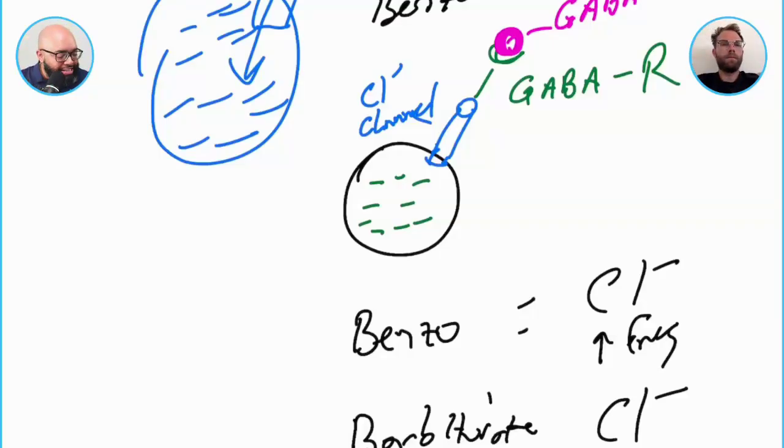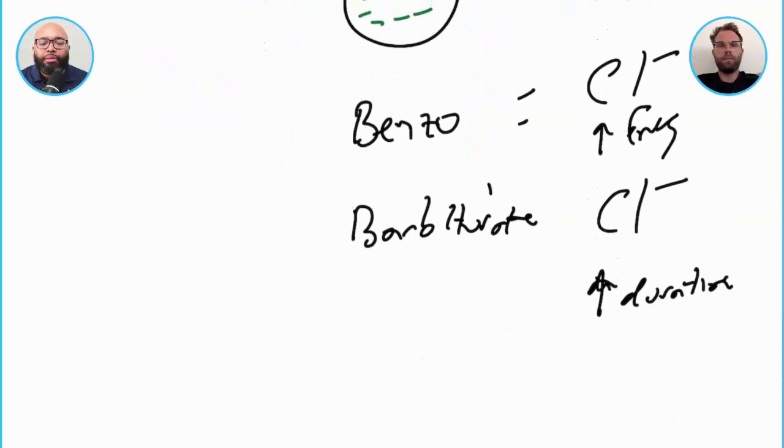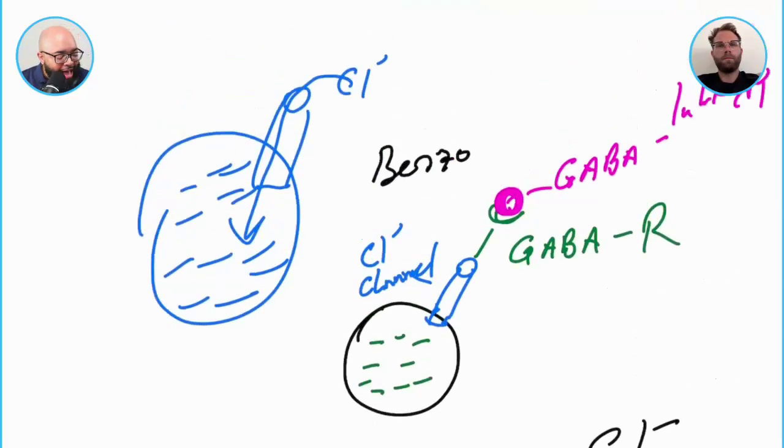So the short answer is the benzo works faster. And it doesn't last as long, because if I give too much benzo or too much barbiturate, I can have the opposite effects.